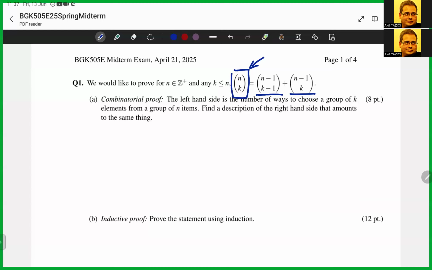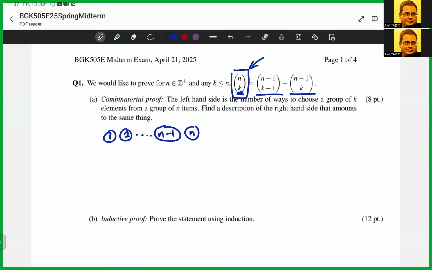Now, one way to think about this is, well, ultimately I want to choose k items out of n. So consider these n items, 1, 2, dot, dot, dot, let's say n minus 1 and n. Now I want to choose k out of this, so I can do that in one shot, and the number of ways to do that is n choose k.